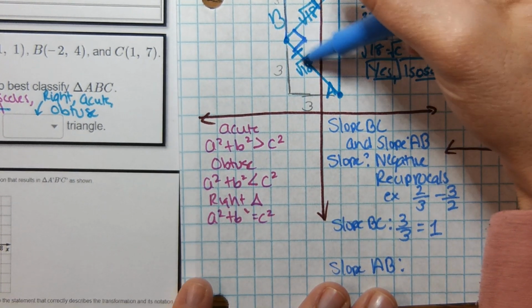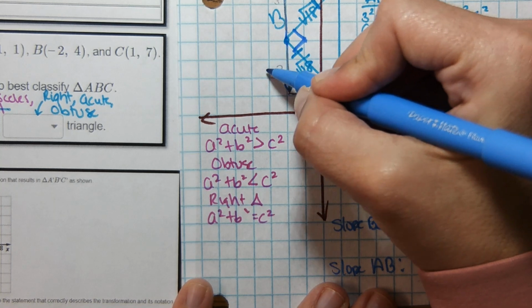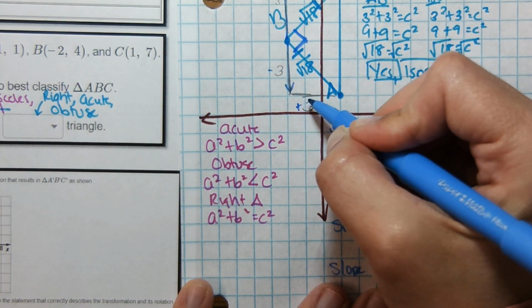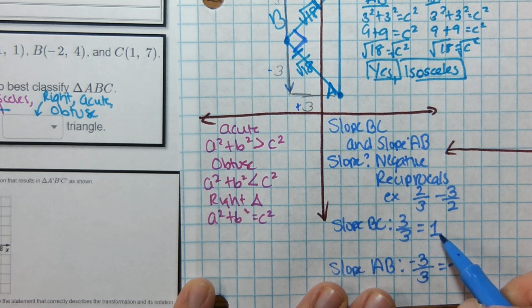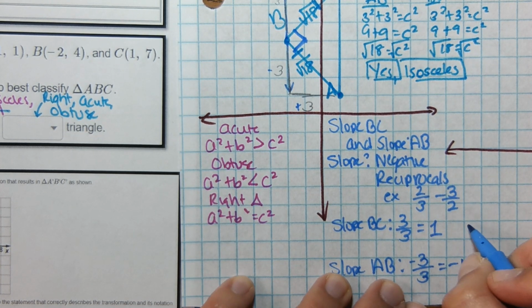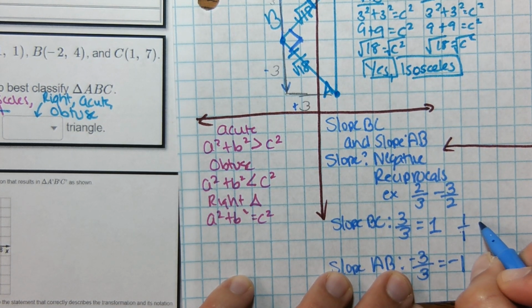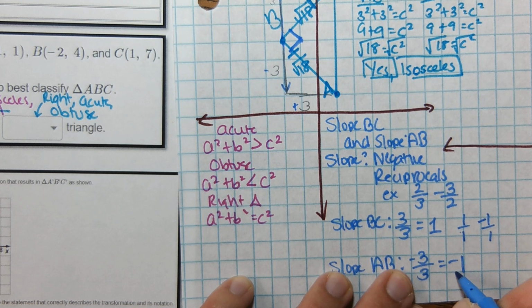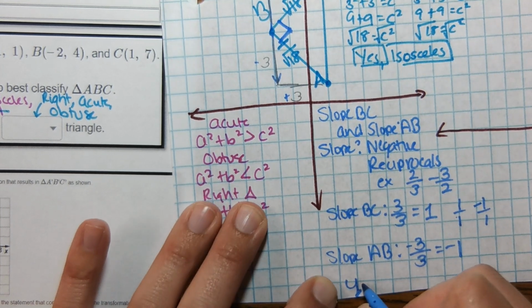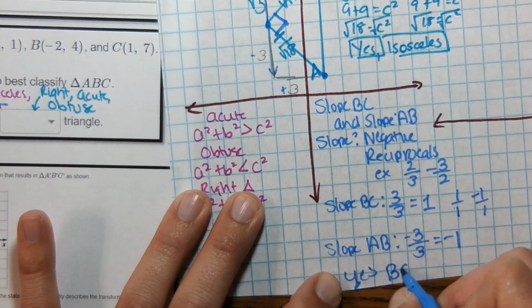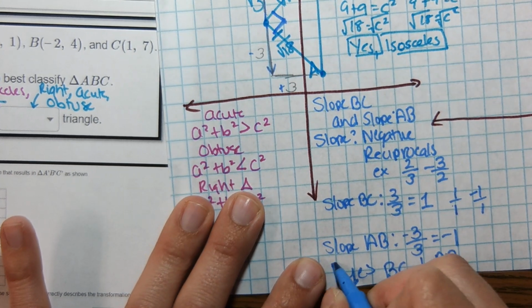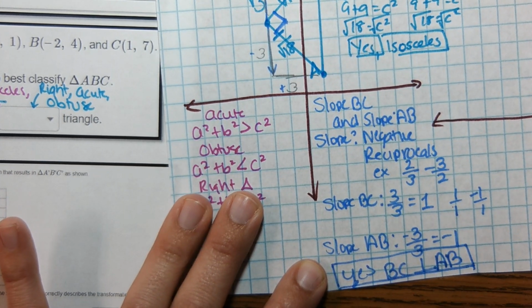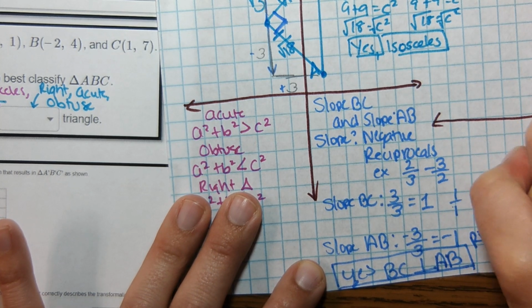So the slope of AB here, it's down 3, so negative 3 over 3, which would be negative 1. I was looking for these to be a negative flip. Well, 1 over 1, a negative flip of that would be negative 1 over 1. So yes, BC is perpendicular to AB, and that means that it's a right triangle. Right triangle.